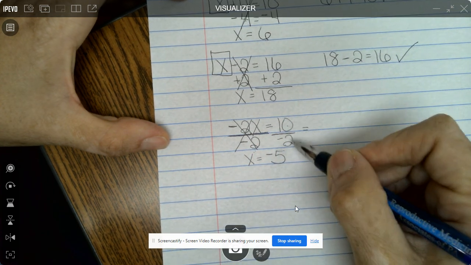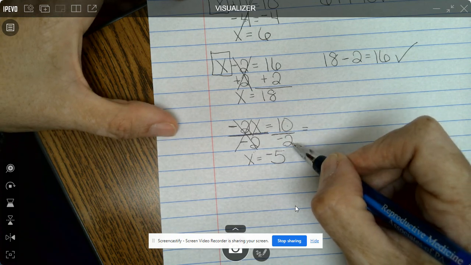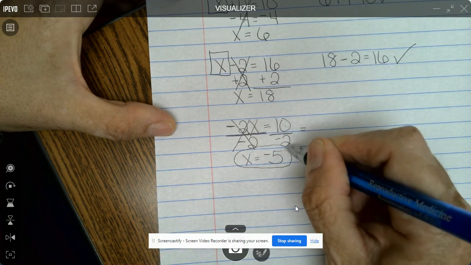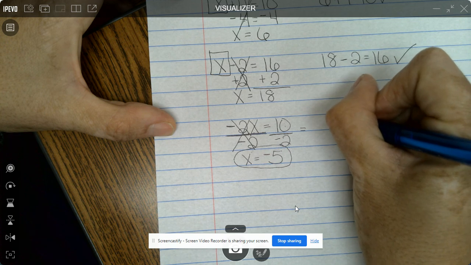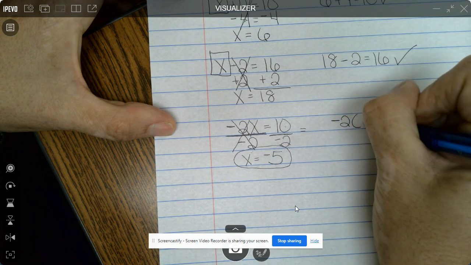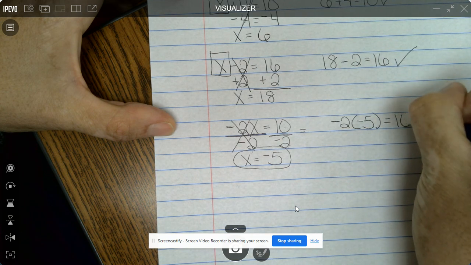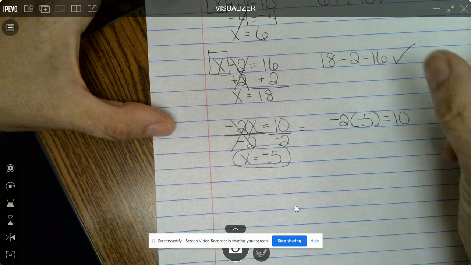Remember, two different signs, a positive and a negative, will always make a negative number. If this is a true statement, I'm going to go back and put in what x is. So negative 2 times negative 5 gives me 10. Remember, two of the same signs are always positive.